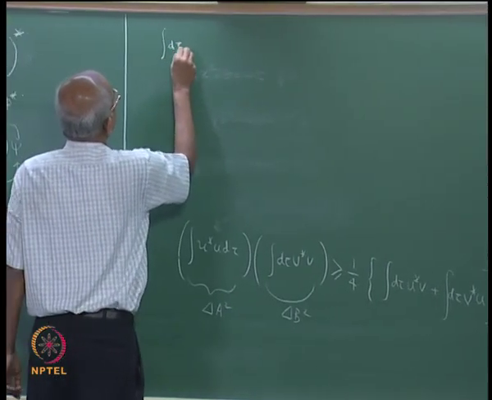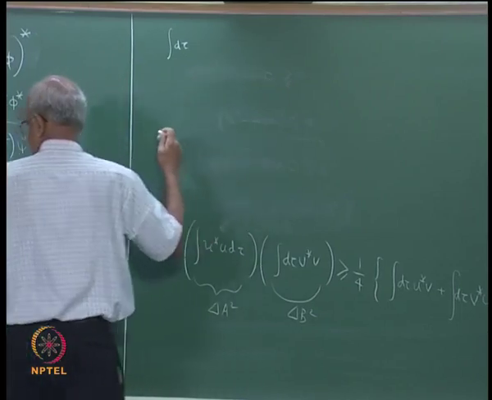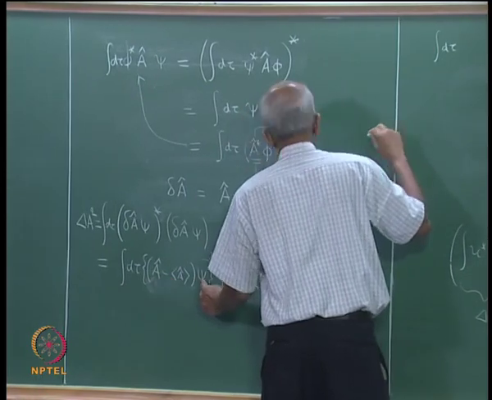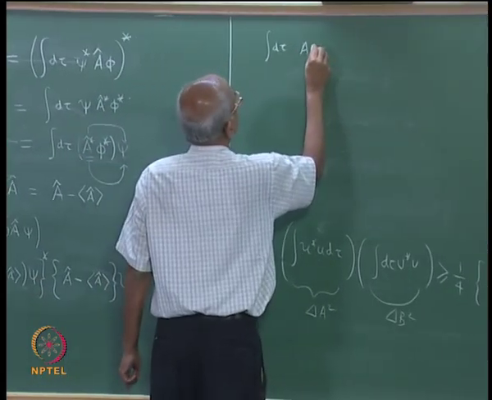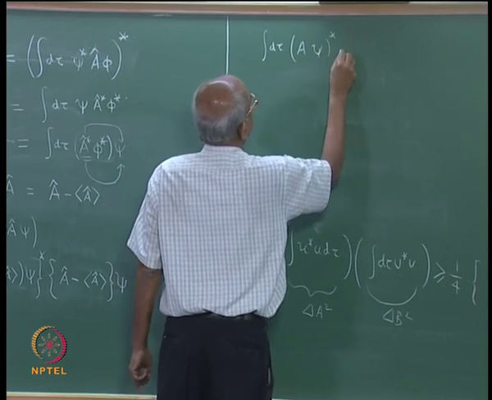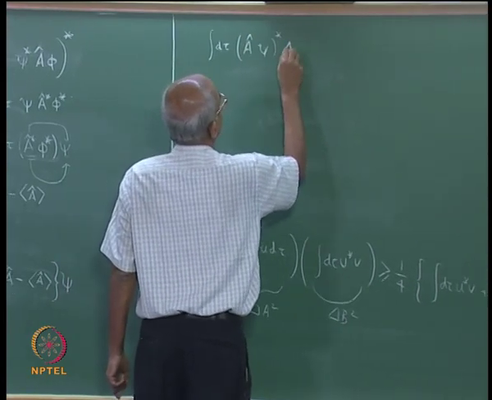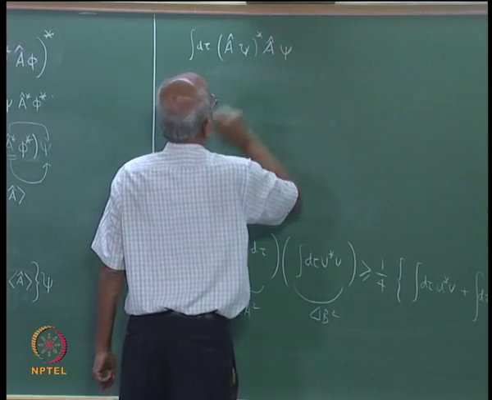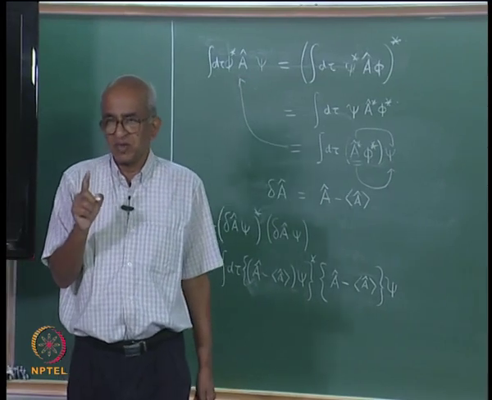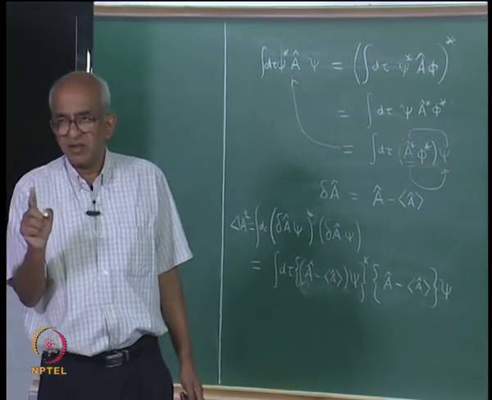Integral d tau, well A operating upon psi star and A operating upon psi. This is the first term. There are 4 terms, I am just writing the terms one by one. So, this is the first term, correct.